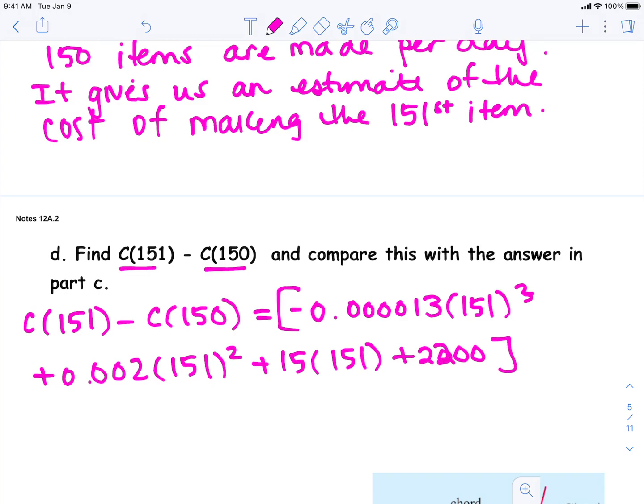So there's evaluating for 151, and then we're going to subtract the cost of 150, and this is all just going to go in our calculator.